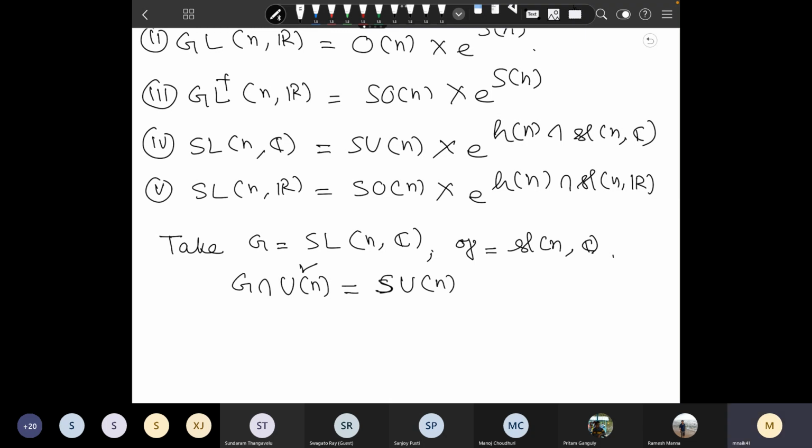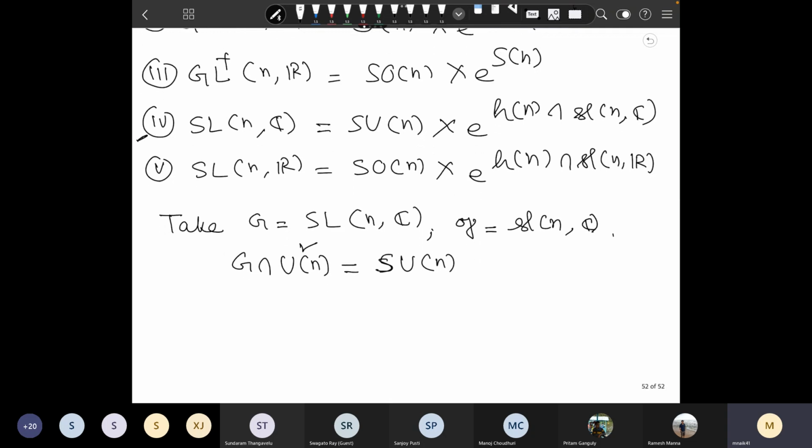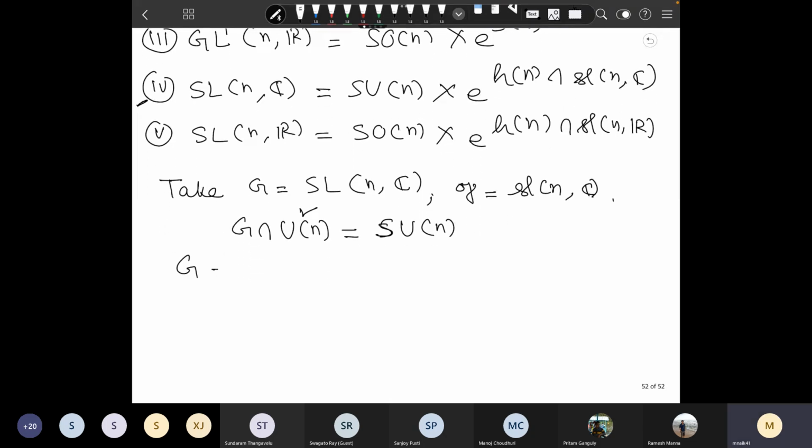So you can write G is equal to G intersection UN times the exponential map of HN intersection the Lie algebra of G. Okay, so exercise.